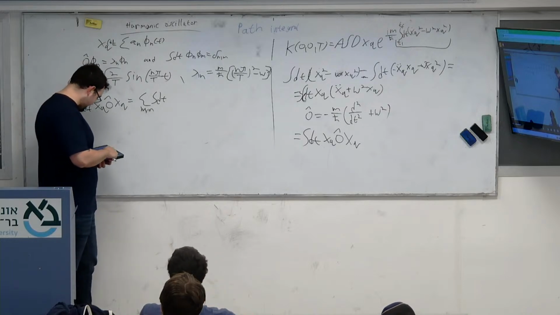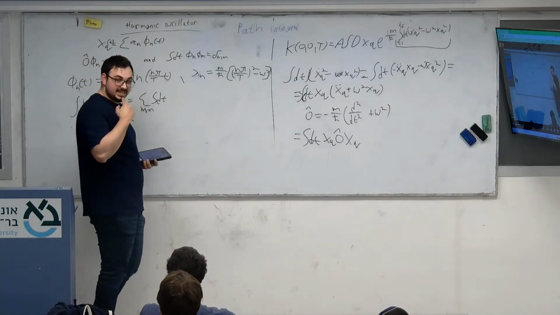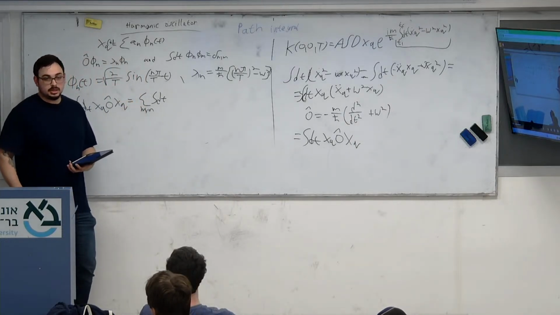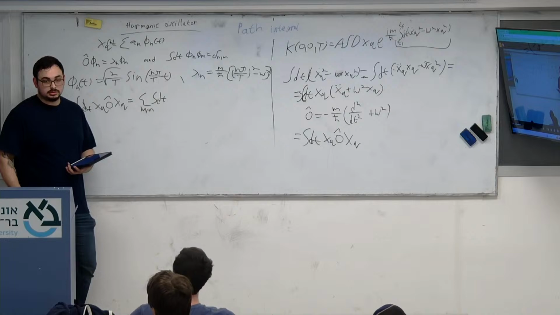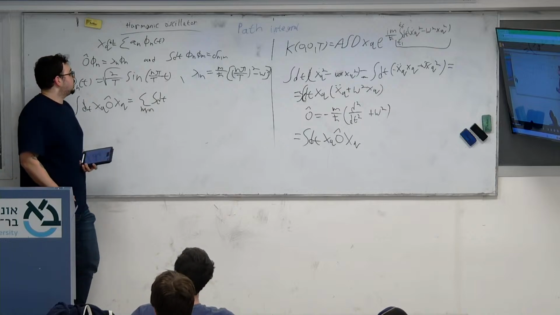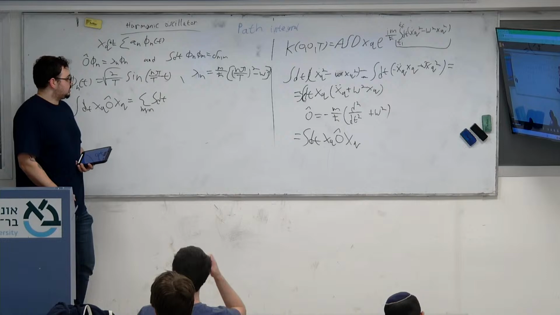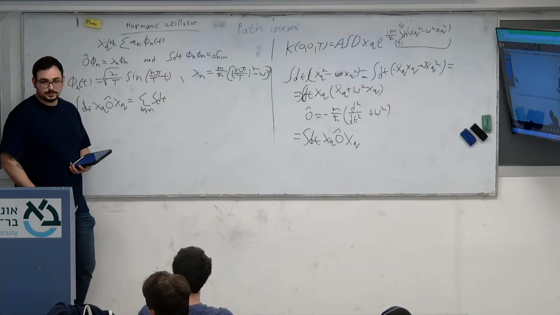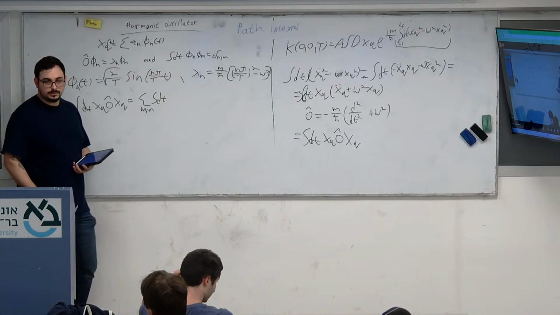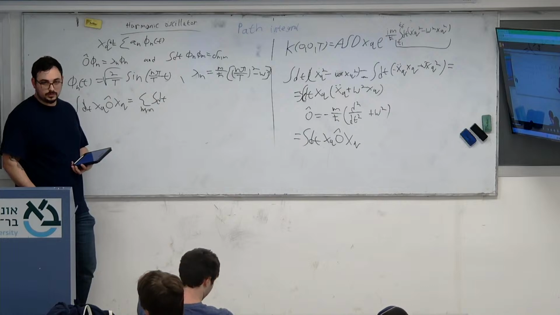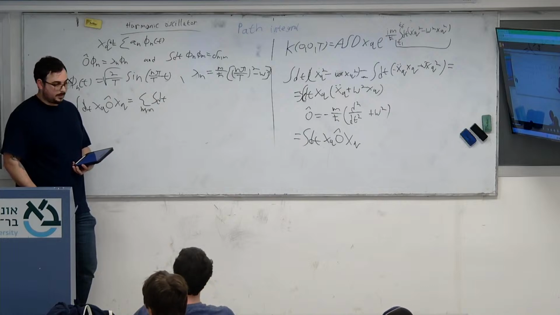But if it's not Hermitian, you can always fix it in order to be Hermitian with some weight function, right? Yes. Like the momentum operator, where the derivative is not Hermitian, but you fix it. It's the same, right?